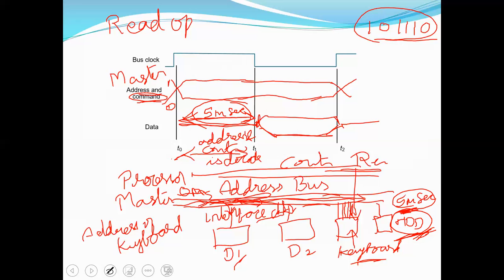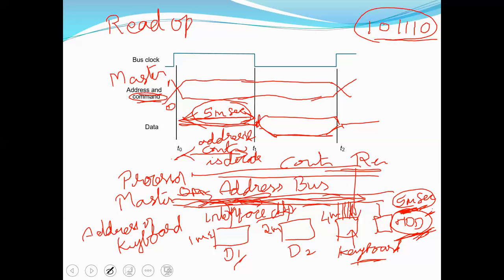When 5 milliseconds is the highest time taken by the farthest device, that time is fixed as half a clock cycle. D1 retrieves and decodes the address in 1 millisecond. D2 is able to retrieve and decode in 2 milliseconds, and suppose the keyboard is able to retrieve in 4 milliseconds. The hard disk takes 5 milliseconds, so 5 milliseconds is the maximum time taken by a device, and that is fixed as the half clock cycle.